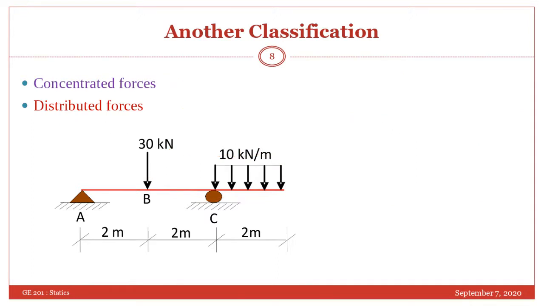And as I might have said before, these concentrated and distributed forces are basically relative definitions. They are relative, meaning there is no force in the absolute sense concentrated, there is no force in the absolute sense distributed. It is the same as tall and short, fat and thin, rich and poor.